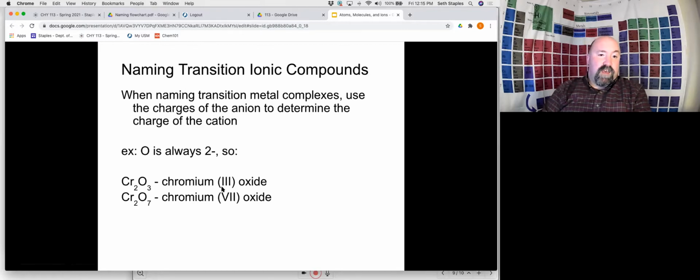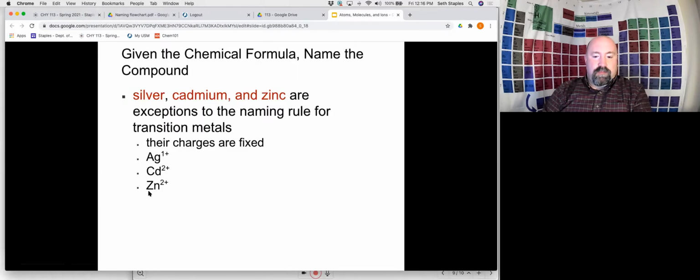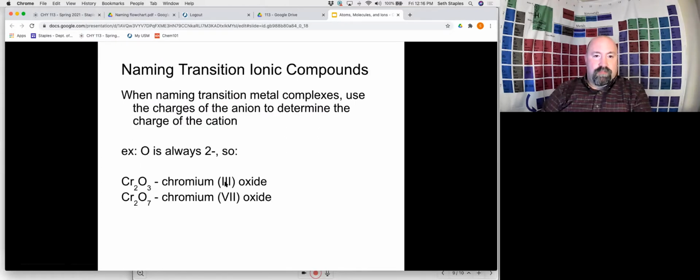Chromium 3 oxide. Cr2O7, total of 14-. So each of these chromiums must be a +7. Chromium 7 oxide. You can also, if you want a shortcut, and I know many of you do, use your crossover rule in reverse. 3, chromium 3. 7, chromium 7.